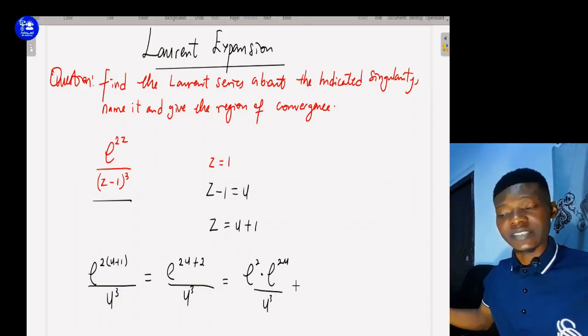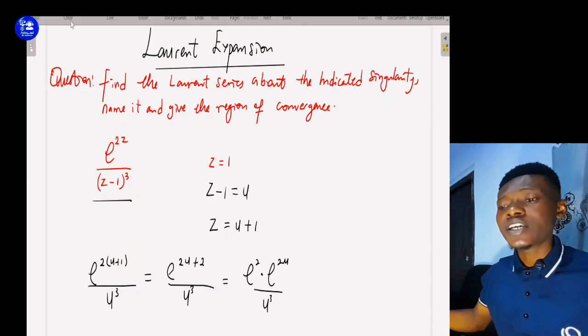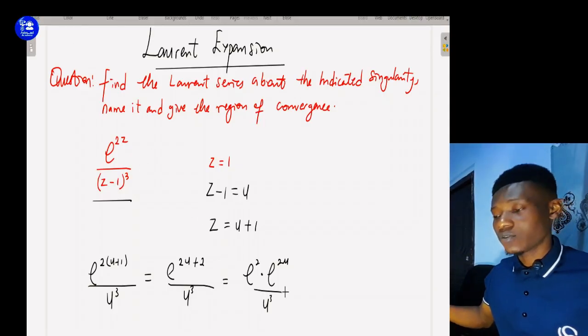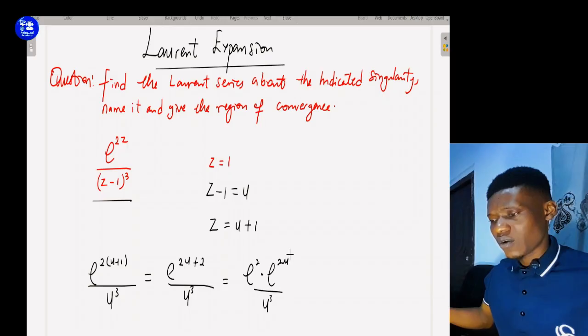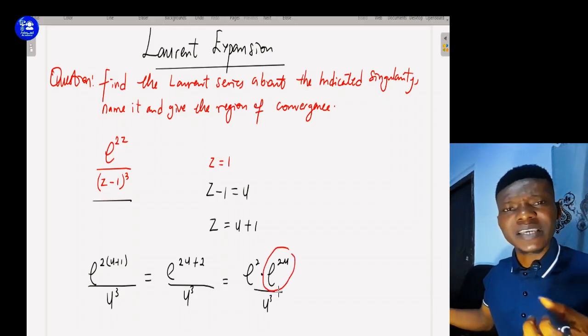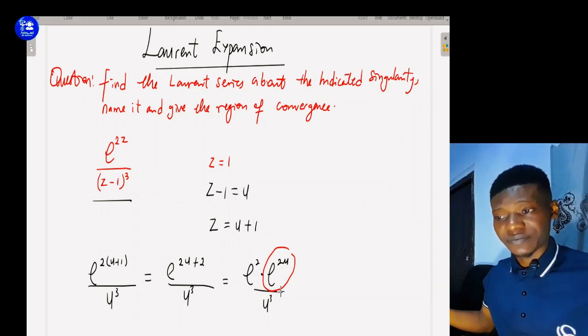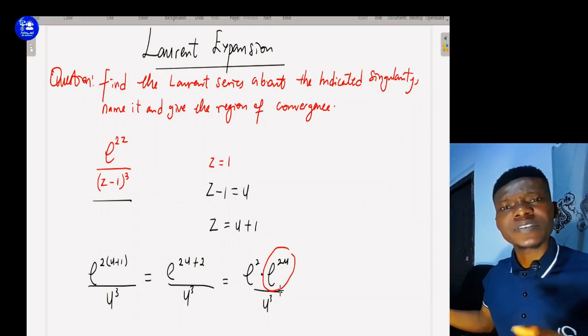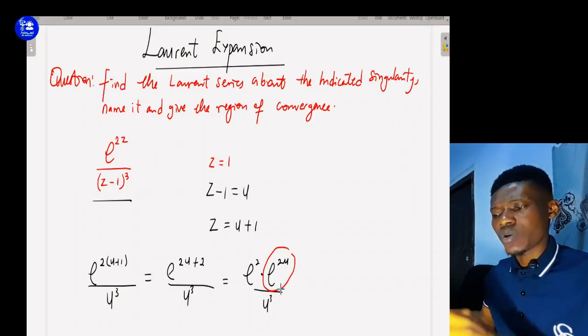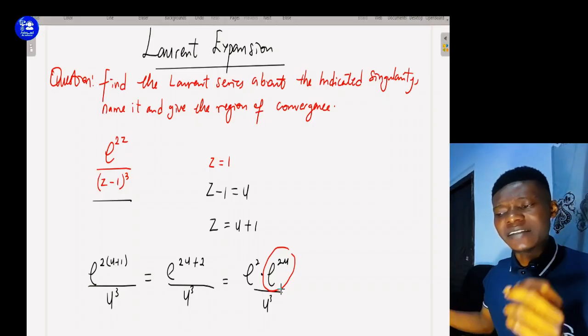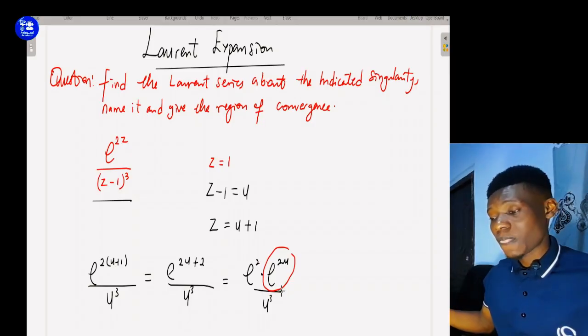Indices. So when you have something like this, looking at this new expression, we see that e raised to power 2u can be expressed using Taylor series. So we need to split that aside and write it in form of Taylor series.